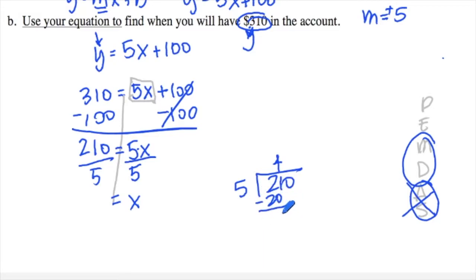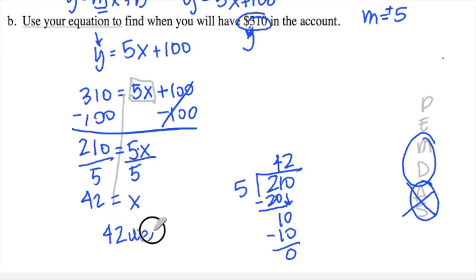Take away, we have 1. We bring down our 0. 5 goes into 10 2 times, leaving us a remainder of 0. So x is going to equal 42. And if we want to make this a better answer, we're going to say 42 weeks till they hit $310. And that's how you're going to do the ones with the slope-intercept form.